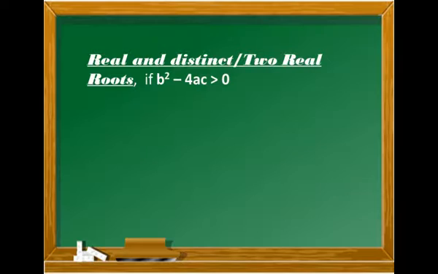Depending on the discriminant, the nature of the roots of a given quadratic equation is said to be real and distinct, or it has two real roots, if the discriminant b squared minus 4ac is greater than 0.